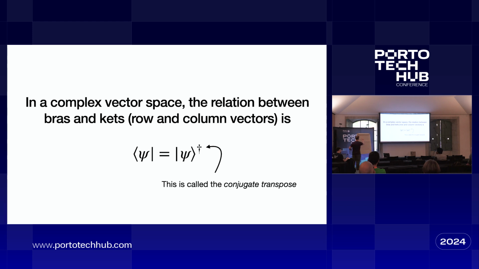Good question, by the way. If I had a vector like this, that's a ket, and I dagger it, then I transpose, and I take the complex conjugate. So the complex conjugate of i is minus i, complex conjugate of 1 is 1, so I get that. All right? That's all. Easy enough. Just a little bit different.